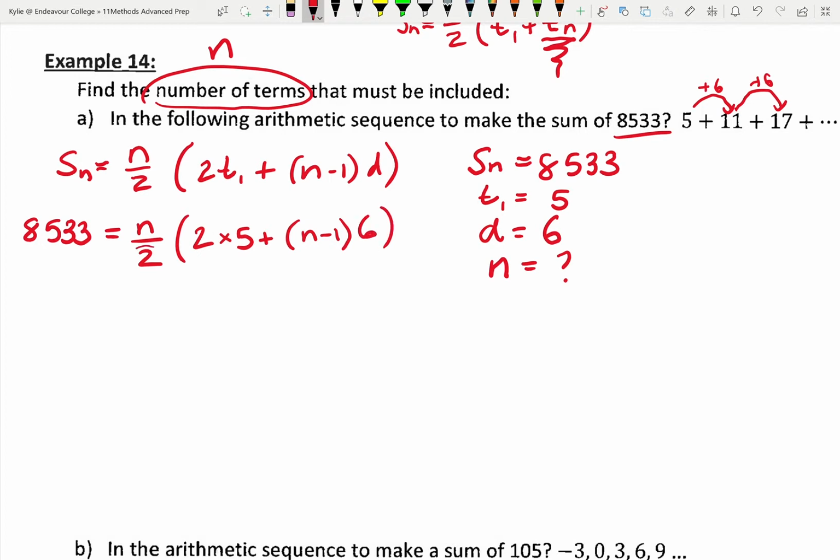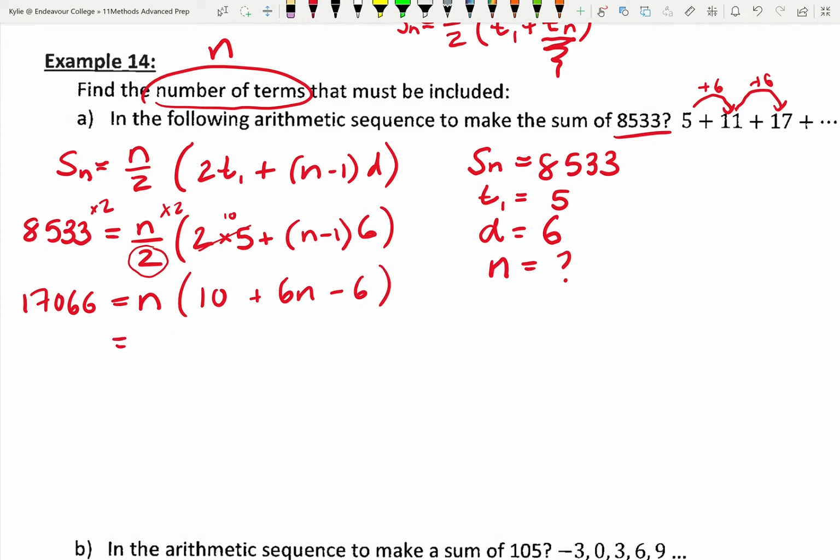First thing I'm going to do is get rid of this 2 by multiplying both sides by 2 to get 17,066 equals n outside of 2 times 5, which is 10, plus 6n minus 6, which gives us 10 minus 6 is 4, plus 6n, and that's equal to 17,066.